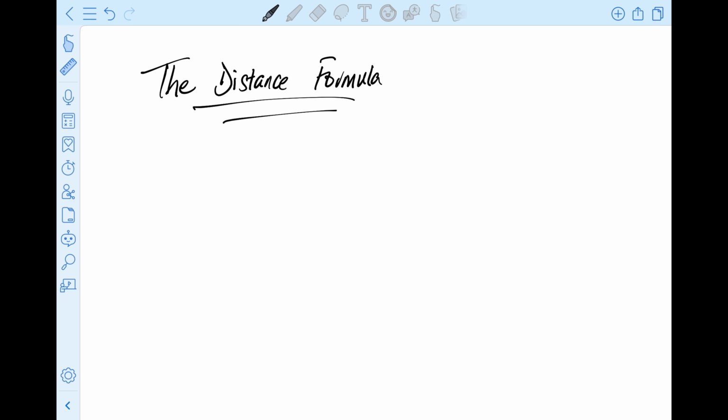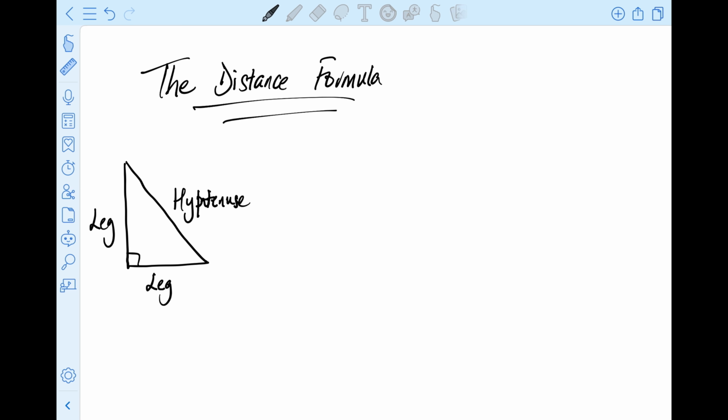Now, how does this connect to what I'm trying to do today? I'm going to introduce the distance formula by first talking about something you already know about: a right triangle. With a right triangle, you know that we have two legs and a hypotenuse.